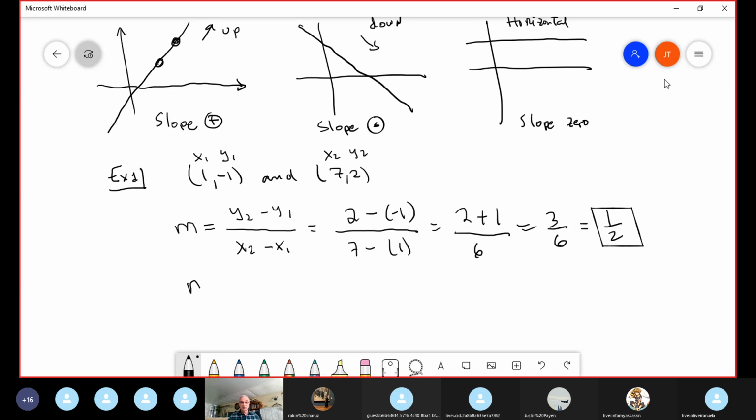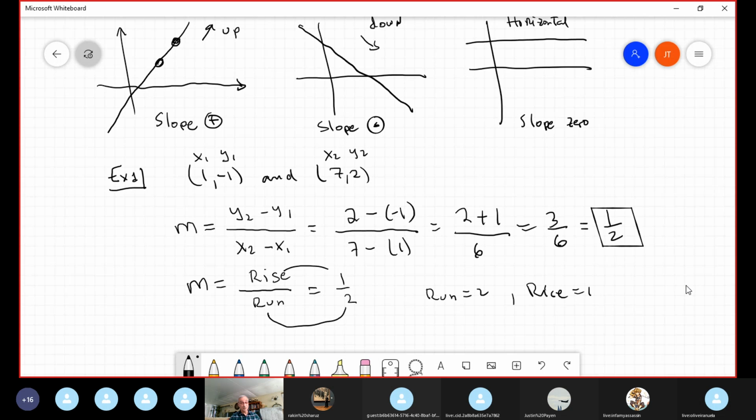Guys, another interpretation of the slope is the ratio between rise and run. In our previous example, the slope is 1/2. Therefore, run is 2, the denominator, and rise is 1, the numerator. And this maybe is useful to do the graph in that way. I want to explain after.